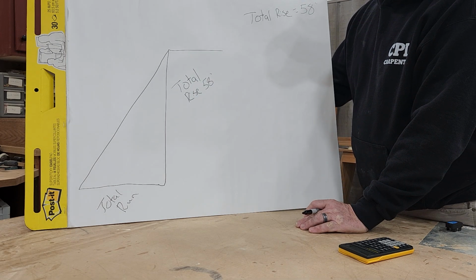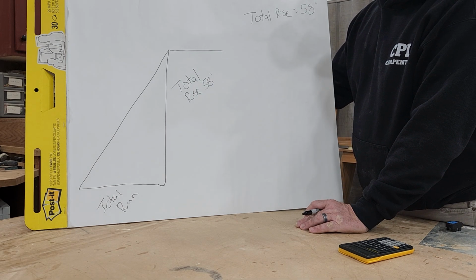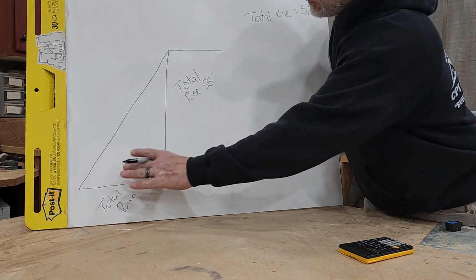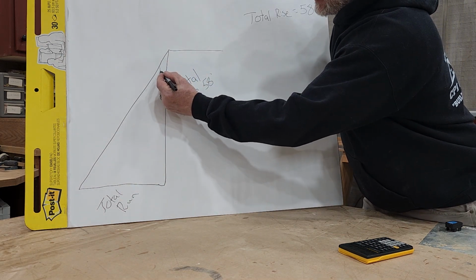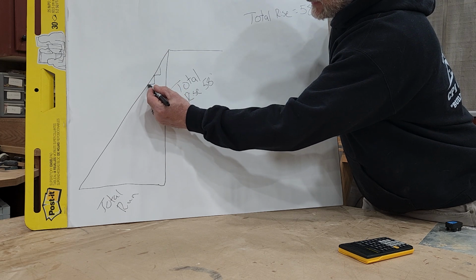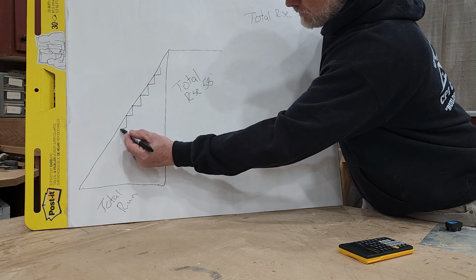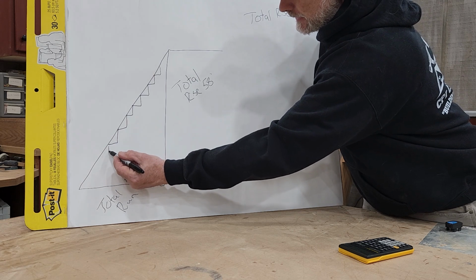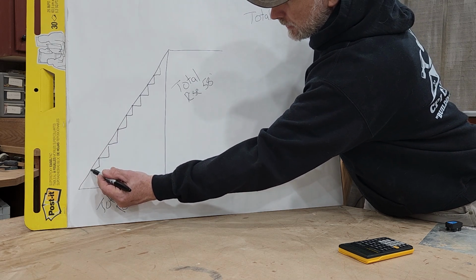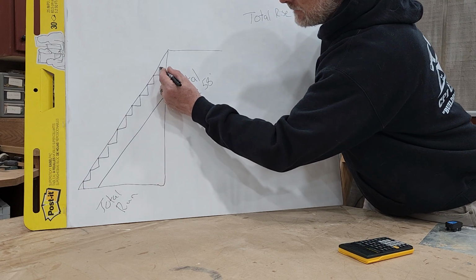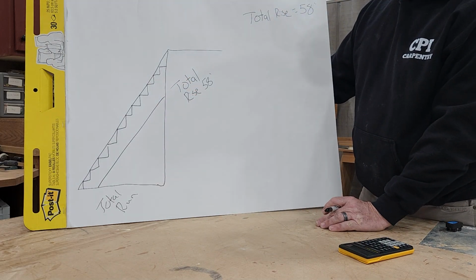I want to do this as safely and as comfortably as I can. So what I want to do is take this big triangle and break it down into little triangles. Little triangles I can handle. Little triangles are manageable.